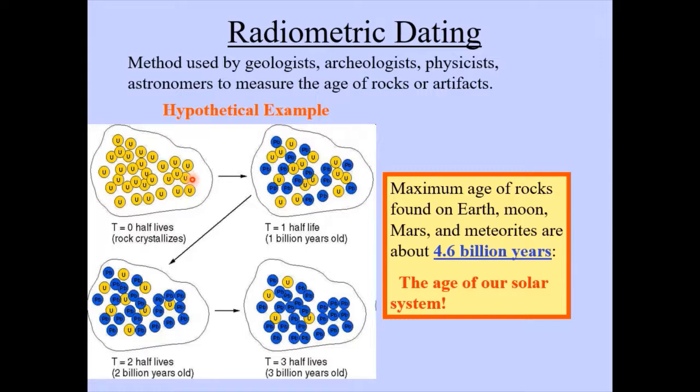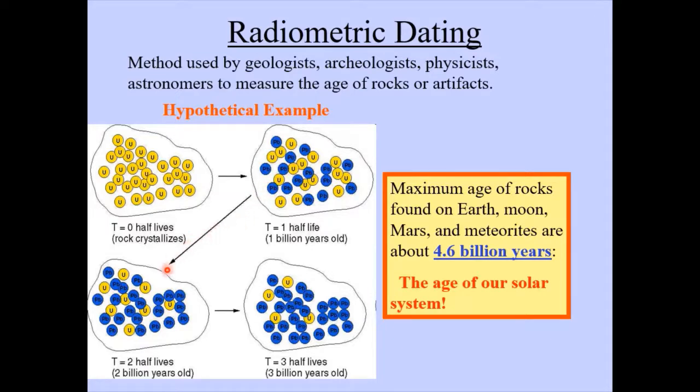So 1 billion years later, if we were to pick up this rock, we would find that only 1/2 of those uranium atoms are left. What happened to the other half? Well, they underwent radioactive decay, and they decayed into something different. In this case, it looks like it's lead, Pb. So we have half lead, half uranium.